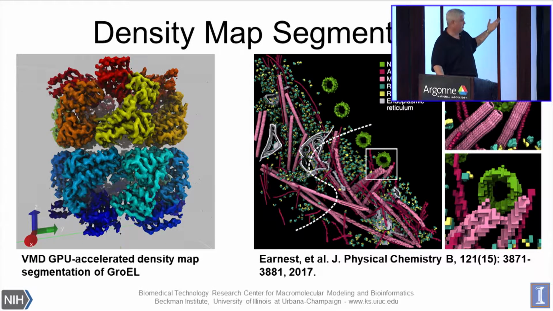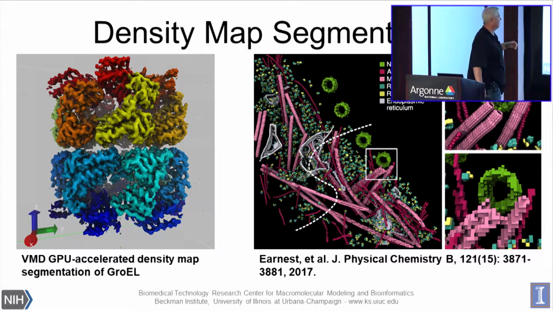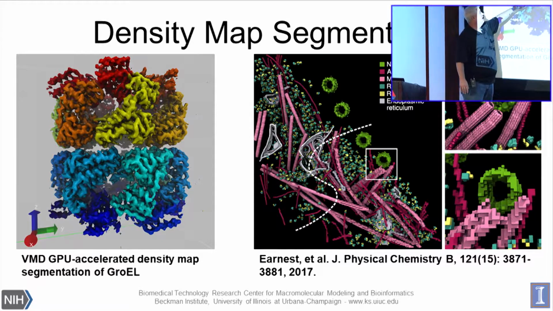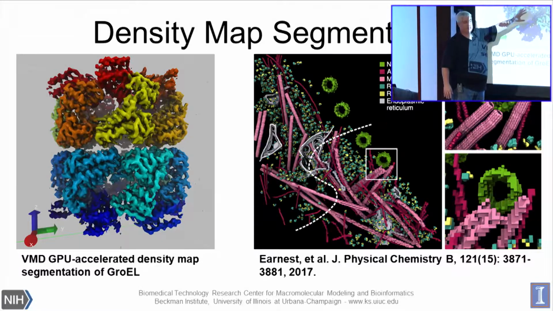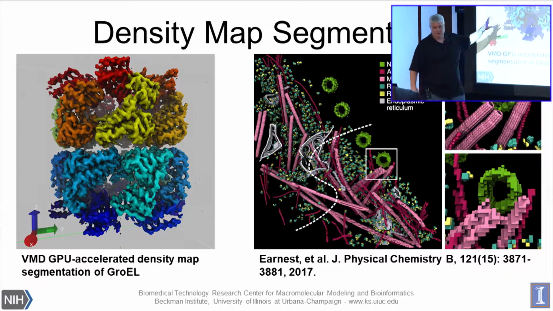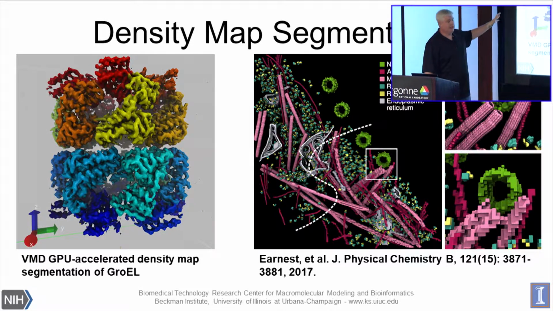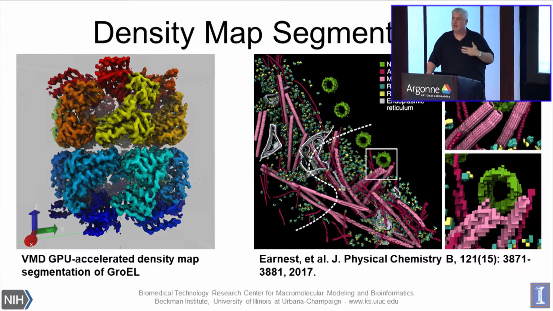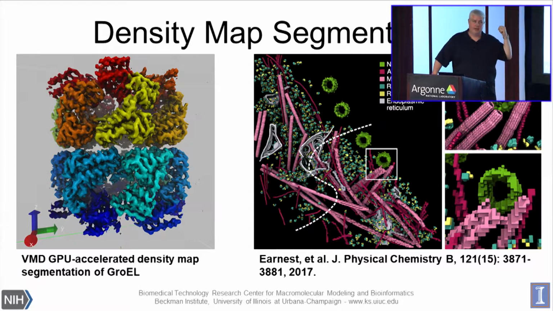So there are algorithms known as segmentation algorithms that will let you use the computer to find connected parts of the density map geometry and label them. And once they've been labeled, now I have a way of reasoning about that part of the structure.